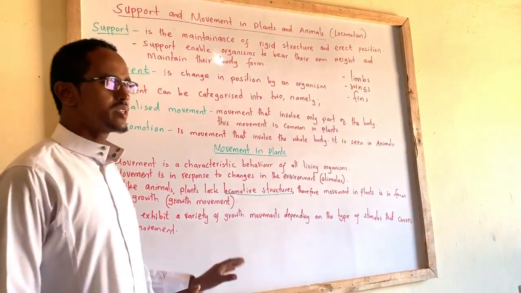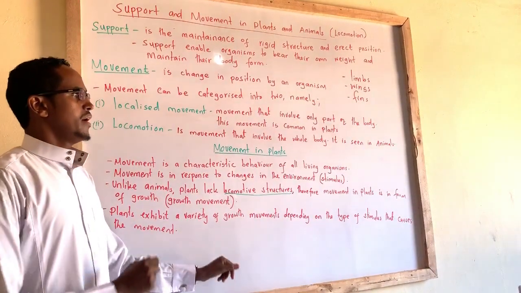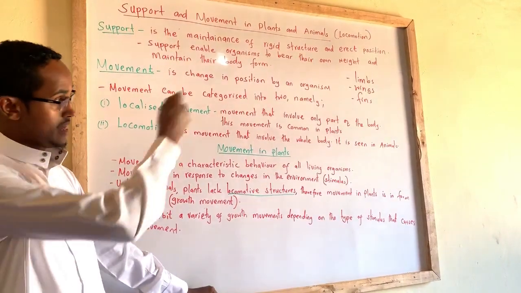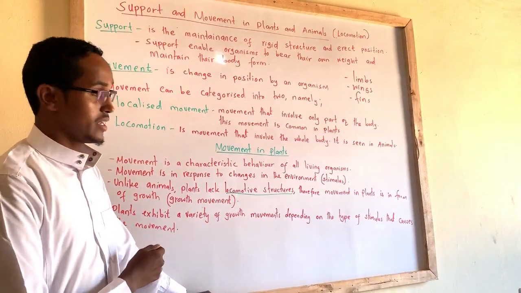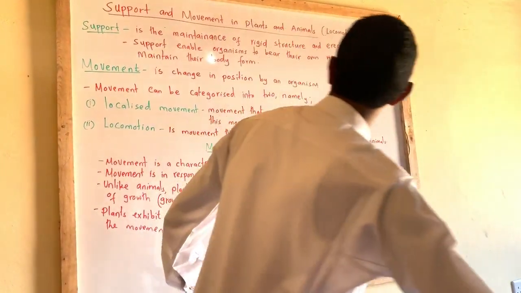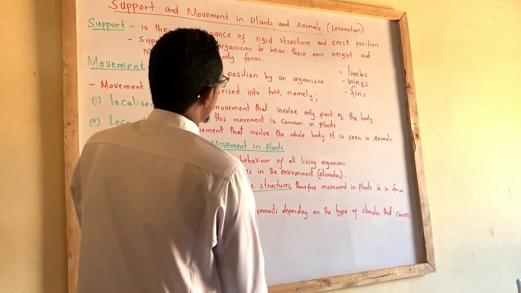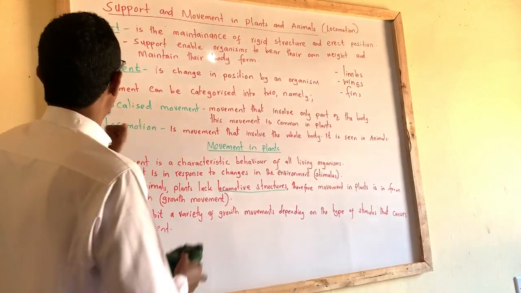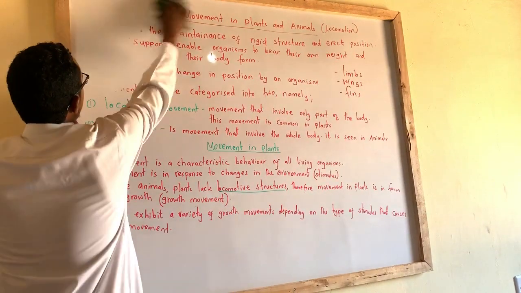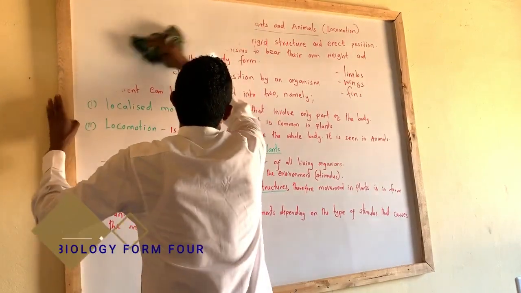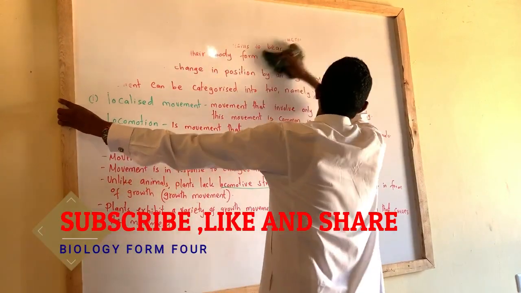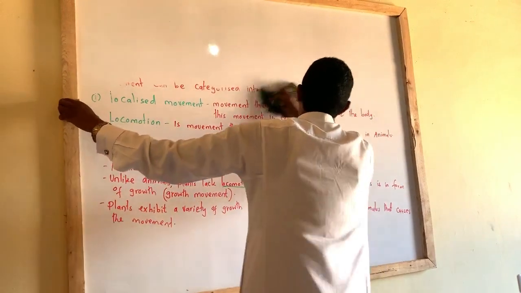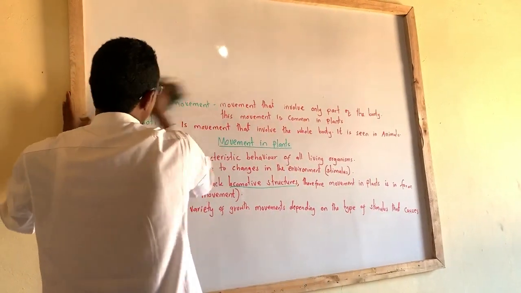Let's see this movement in plants. This one is covered in length and in depth in the topic we call reception, response, and coordination. I think you can also take your notes. The notes are clear. You want to see how plants move and the variety of growth movement exhibited by plants.